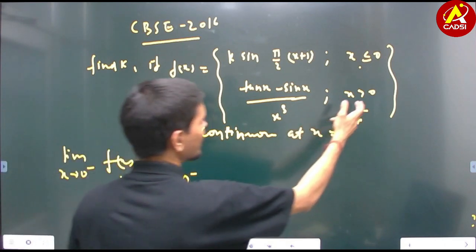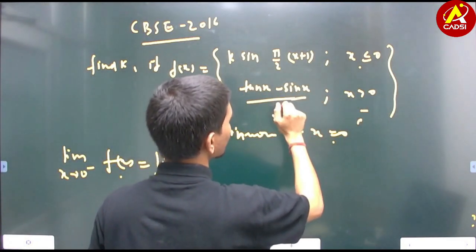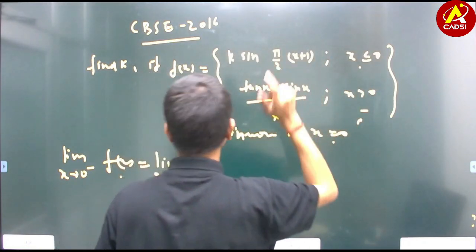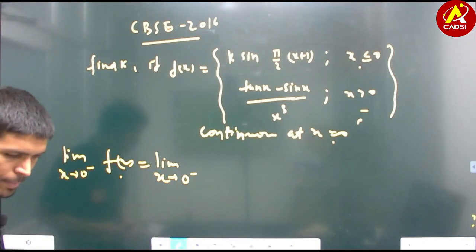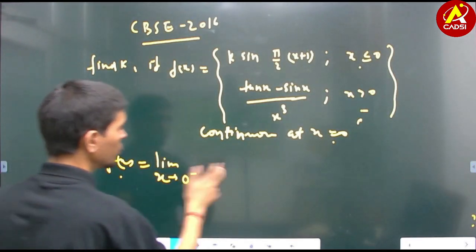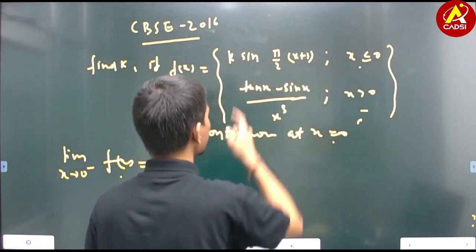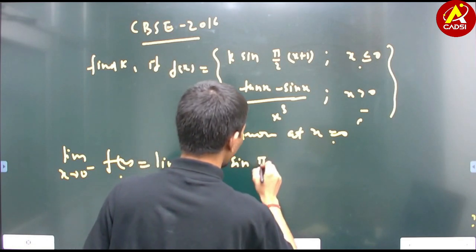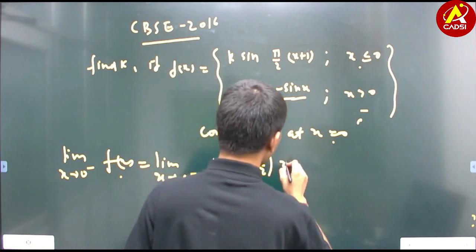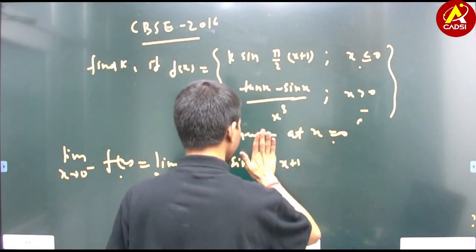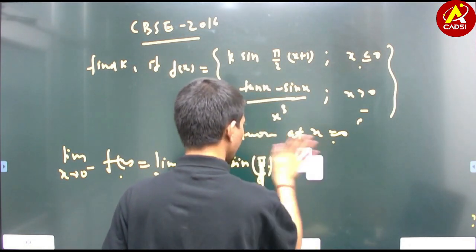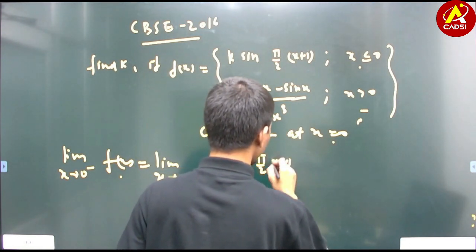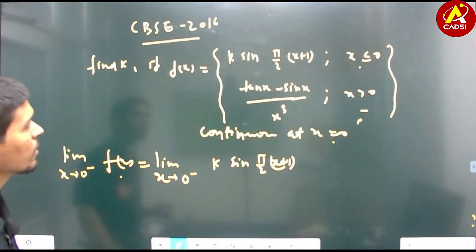If x is greater than 0, the function will be this one, and if we take x less than or equal to 0, then the function will be this one. So for 0 minus, we take this value: k sin of pi upon 2 into x plus 1.